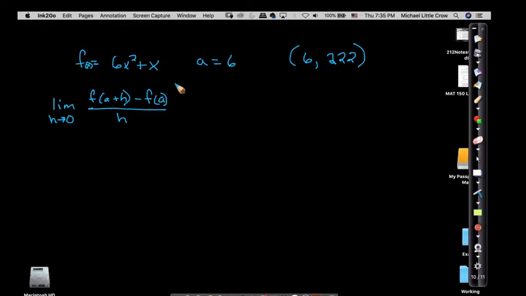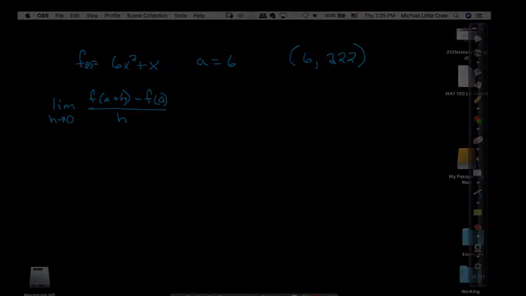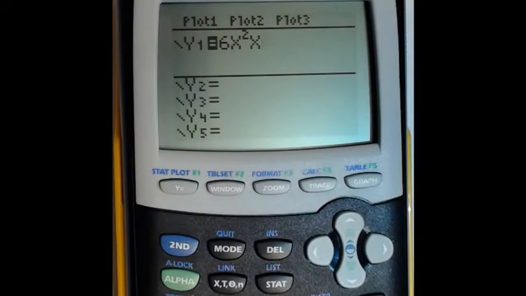Plus 6. Yeah, so we're going to put in 6x squared plus x. Actually, let me, oops, forgot the plus.